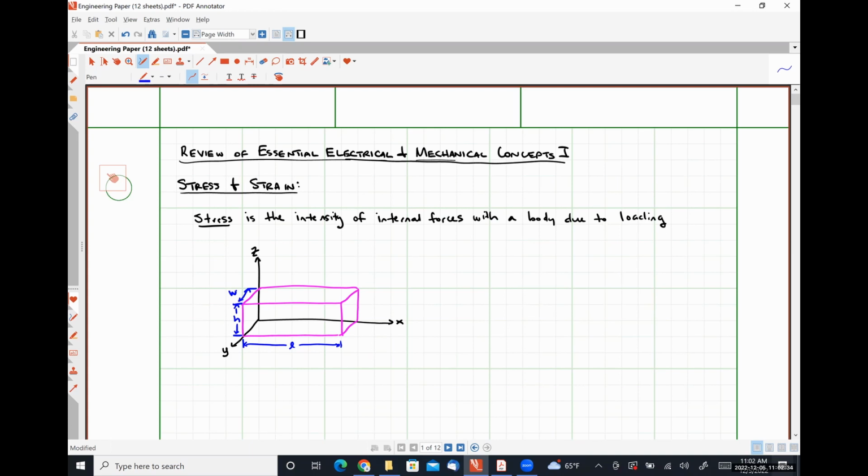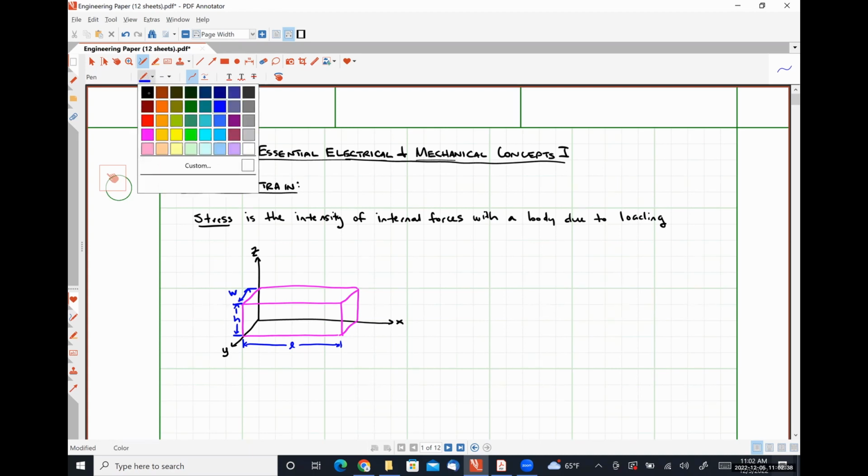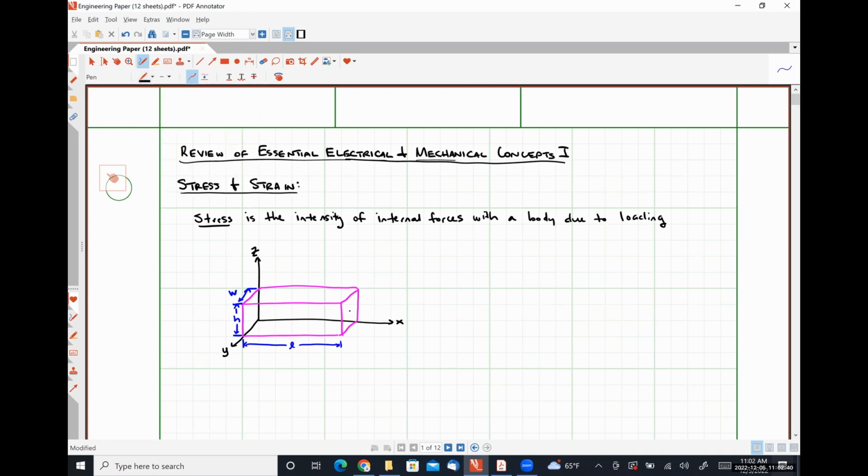Okay. So let's say that we apply a force along the longitudinal axis of symmetry. Let's call this force F sub x.